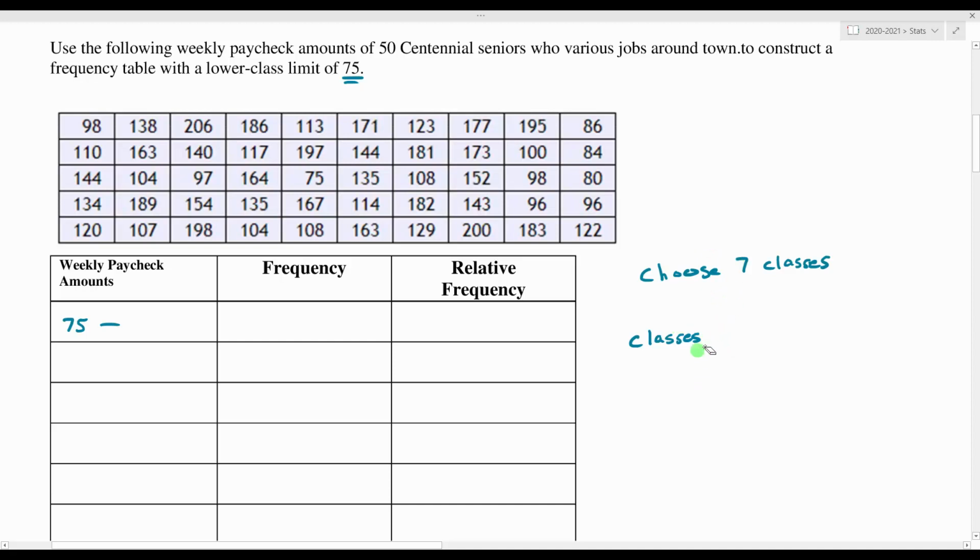So I'm going to say class width is equal to the max minus the min divided by the number of classes. And then once we do this calculation, we typically want to round up to a nice number. All right, so this is what we're going to end up doing.